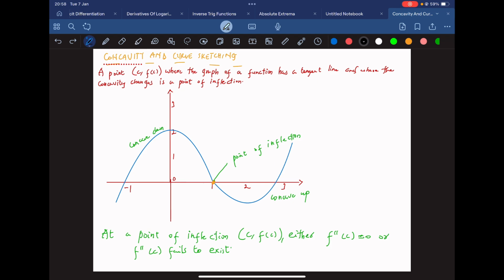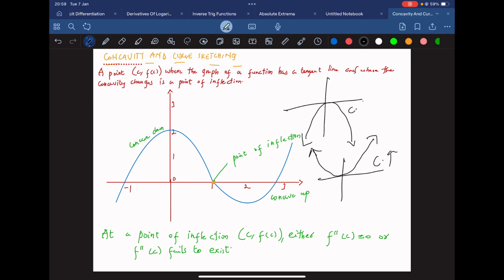So looking at this, you can see that when you have something like this, that is where we call concave down. So when you have this right here, we call this concave down. And when you have the opposite, which looks like this, we call it concave up, and this is concave down.